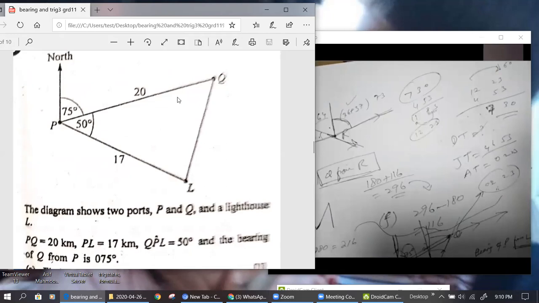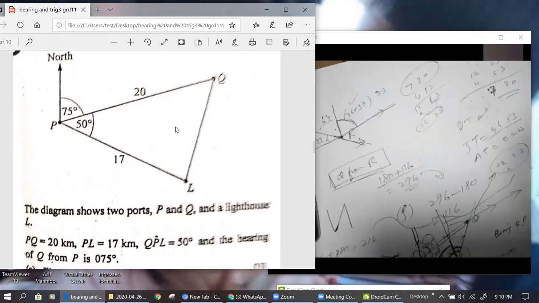Lighthouse. So where is the boat? The boat is moving in this direction, right? So lighthouse to boat is the distance we need to find. I will draw it again so that it will be more clear. It's very important.